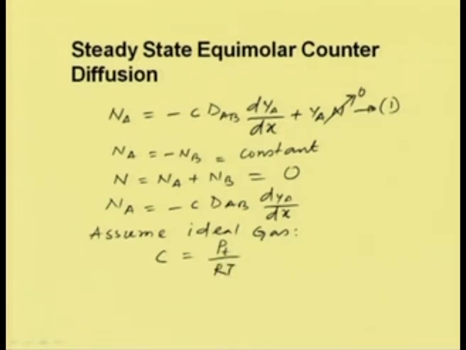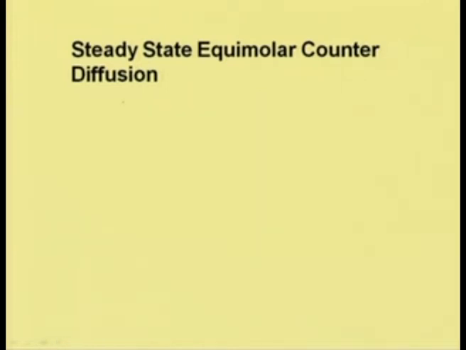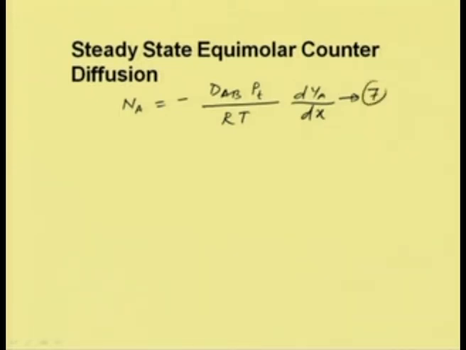So, this equation will be Na is equal to minus dAB Pt by RT dYA/dx. So, this is equation number 7.